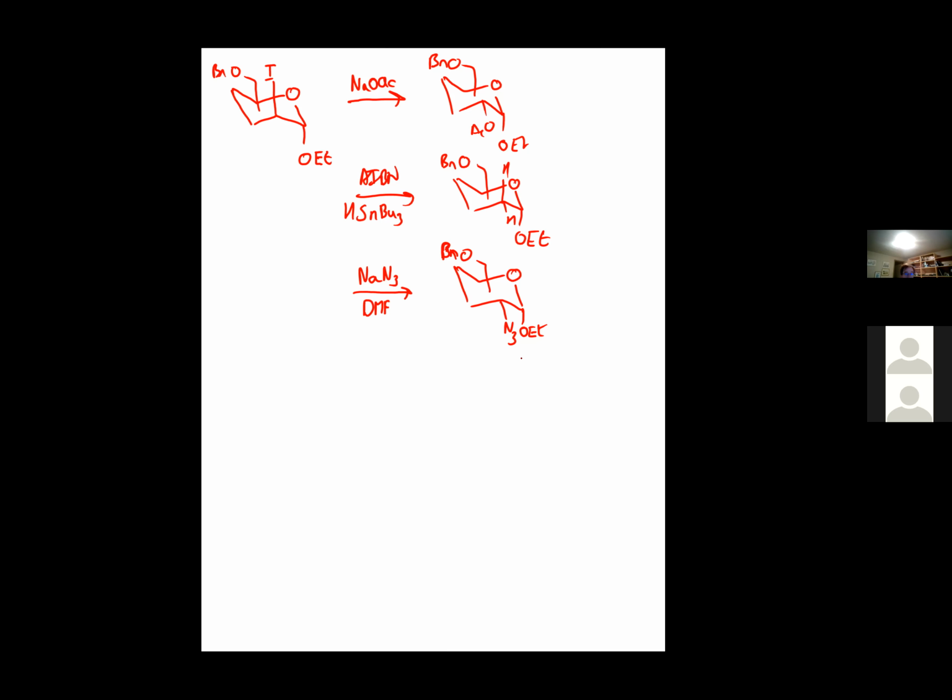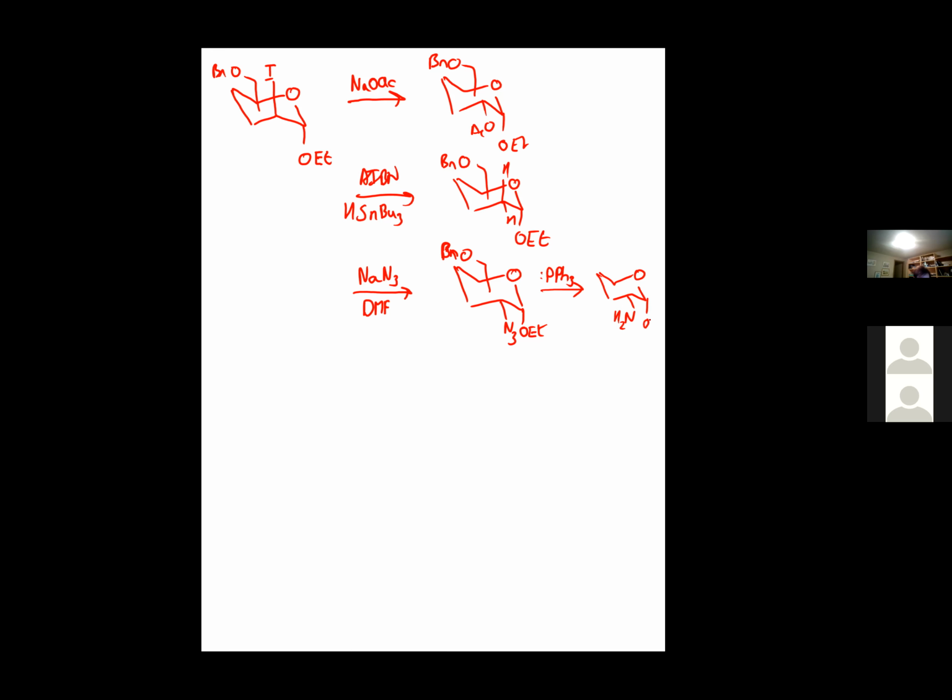Glucosamine, galactosamine means the amine is at C2. It's not clear from the name where the amine is when you say glucosamine, but it's at the C2 position. And so we can take that azide and reduce it. There's lots of ways to do it. If you're a better chemist than me, you can use triphenylphosphine, and that will knock it down to the amine.